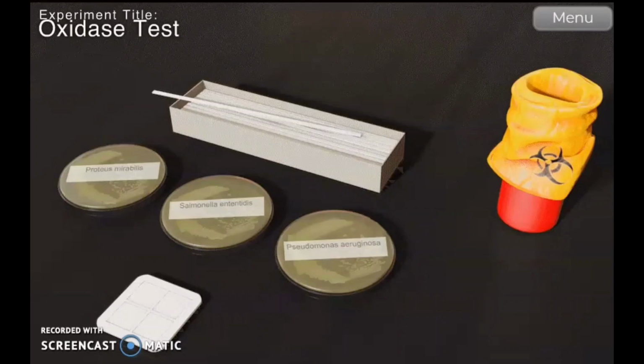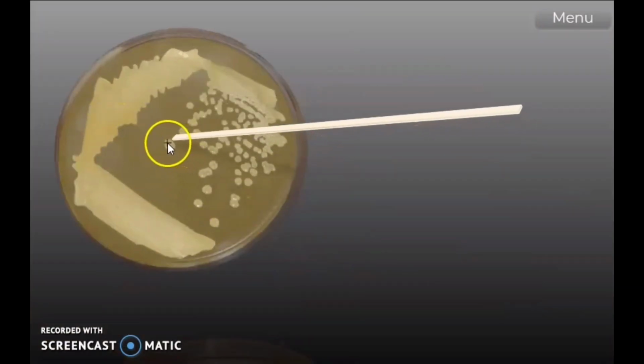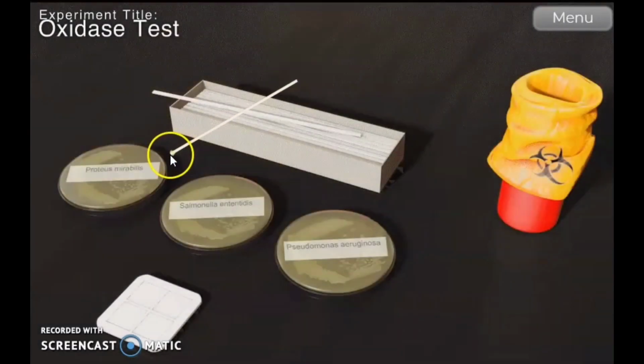First of all, I remove a dry slide from the packet. After that, pick an isolated colony with a sterile toothpick. And then rub the bacteria onto the slide.